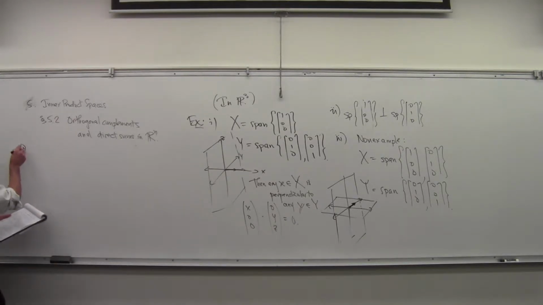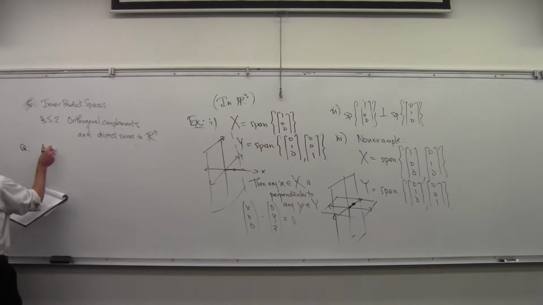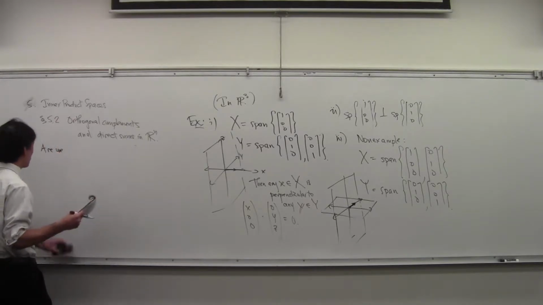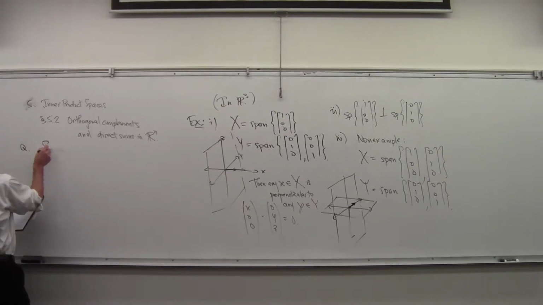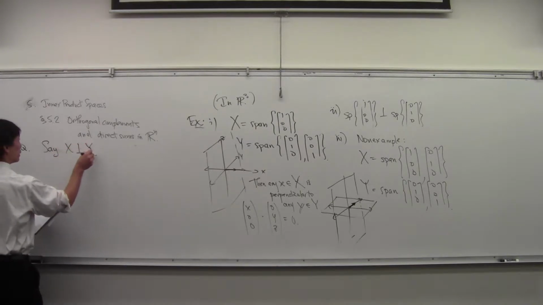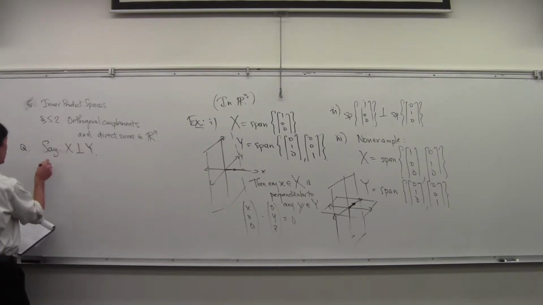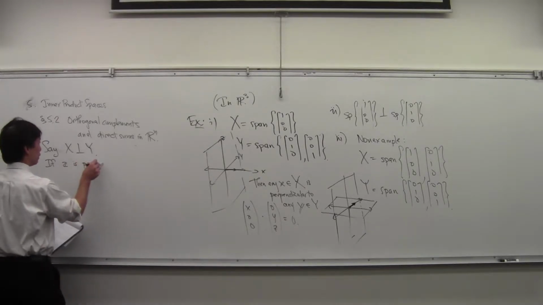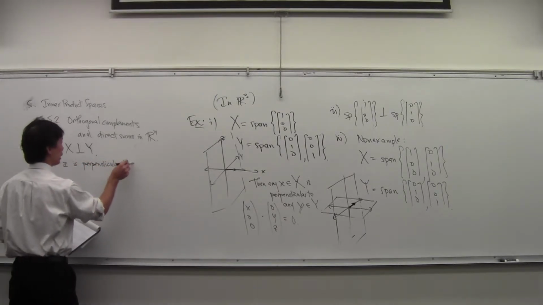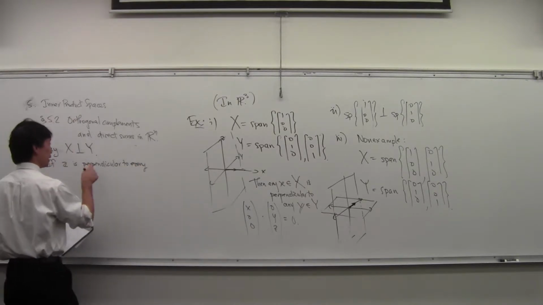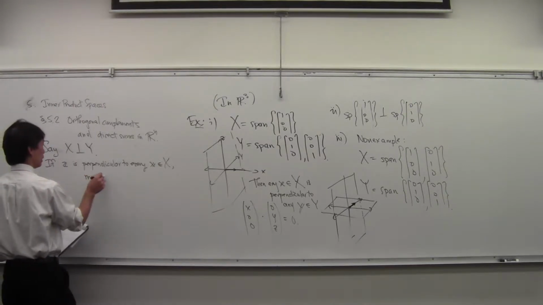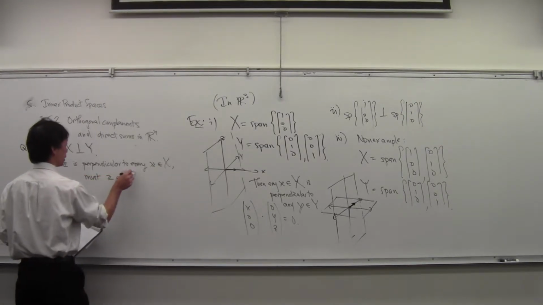Okay, so let me ask a question first. Say that x and y are perpendicular to each other. If some vector z is perpendicular to every x in x, must z be in y?